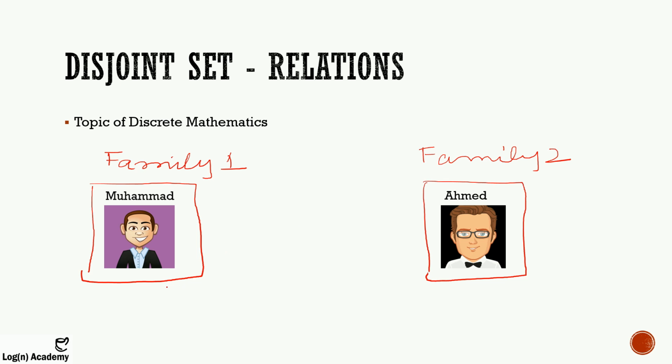So mathematically, I can say Muhammad is a part of set 1. There is an element in set 1, and there is an element in set 2, right? We have two sets, and we have single elements in those sets, right? Once we get further information, we can expand this set and we can add some elements in this set.